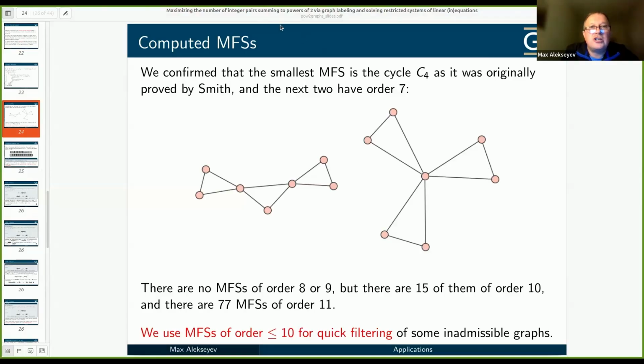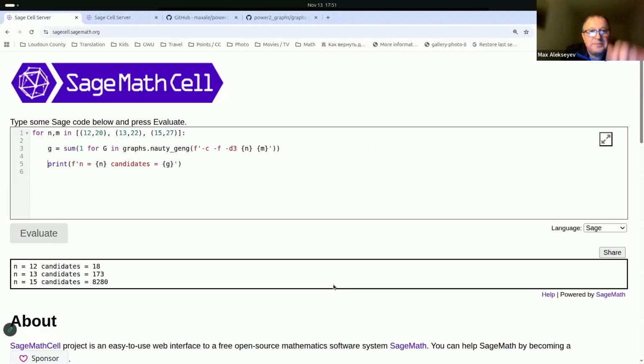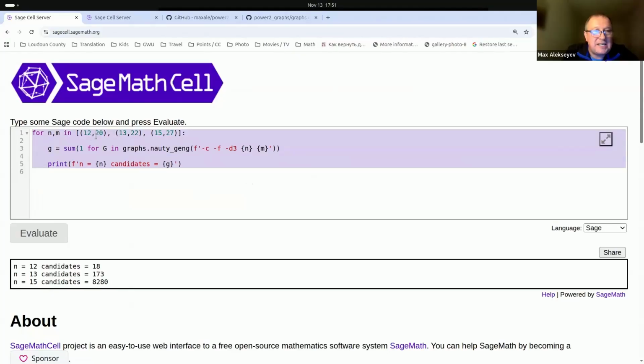So I want to change share into my screen. Just a moment. Okay, maybe this one. So first of all, I can show you a small code that generates just candidates of order 12, 20, 30, order 12 size 20, order 13 size 22, order 15 size 27. You can see that in Sage, it's just like 3 lines to get result.